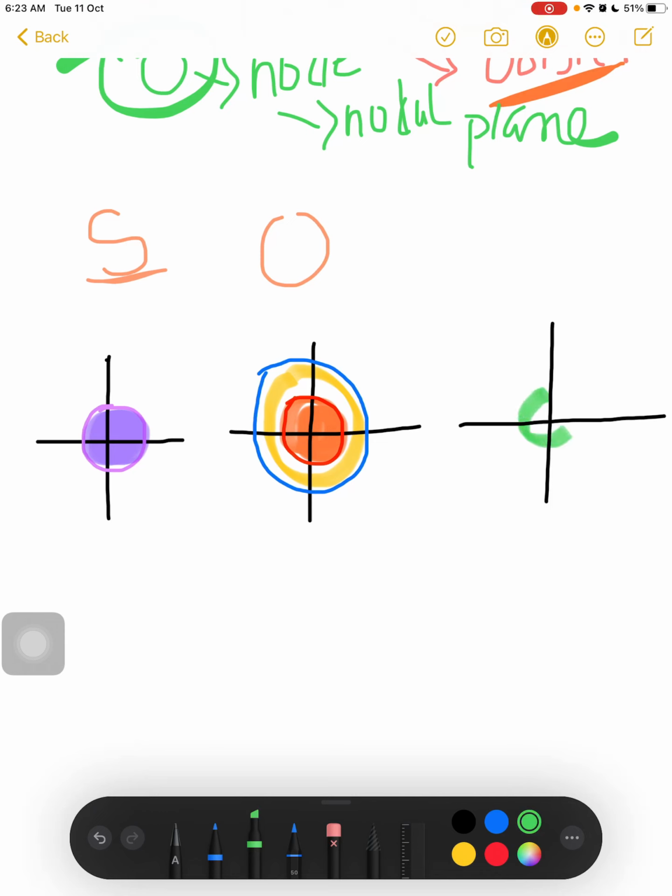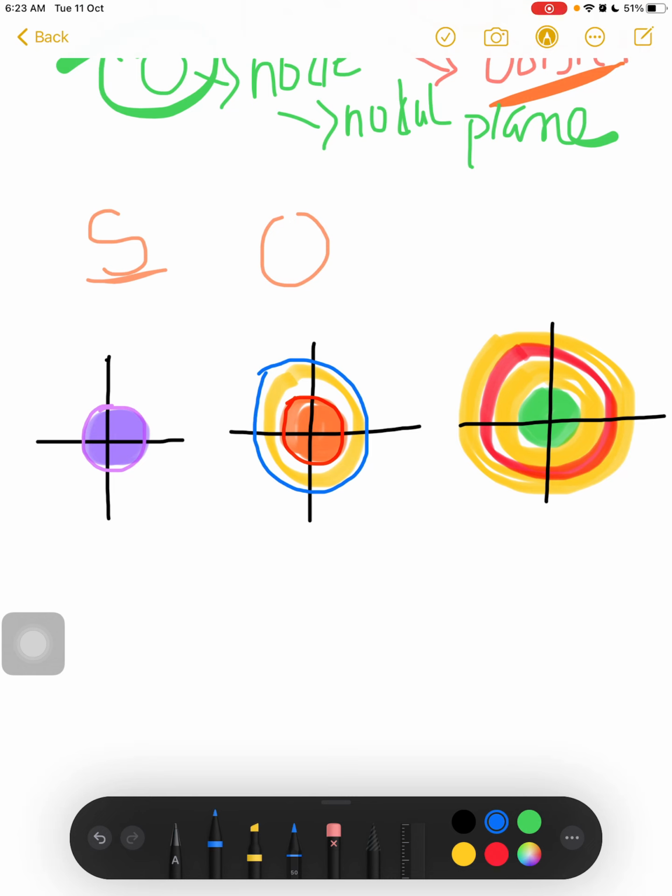Let me draw another one, then we will come to an end. Okay, we are done now. So this is 1s, this is 2s, and this is 3s, right?